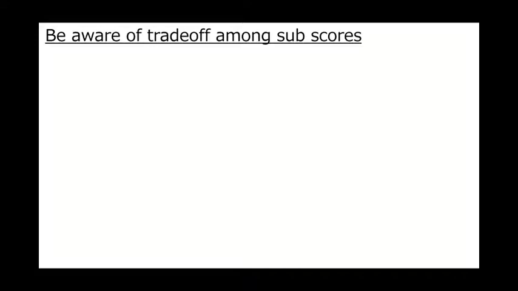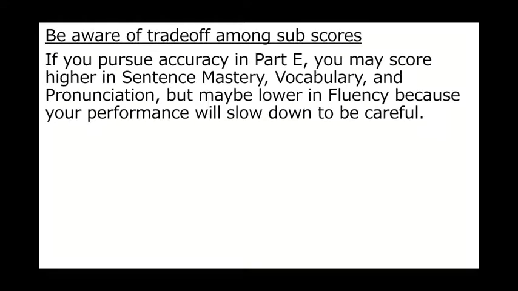Next topic is be aware of trade-off among sub-scores. If you pursue accuracy in Part E, you may score higher in sentence mastery, vocabulary, and pronunciation, but maybe lower in fluency because your performance will slow down to be careful.